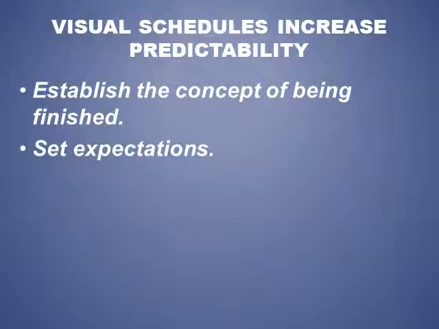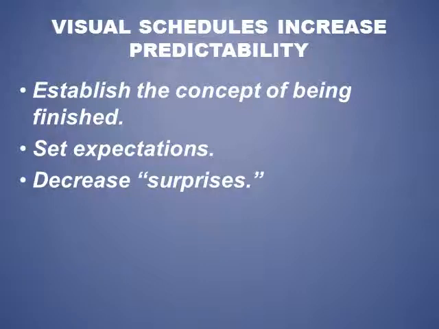Visual schedules increase predictability by helping to establish or set expectations. What are the expectations for someone's behavior in a worship service, or in a Sunday school classroom, or at a youth group activity? By communicating that information visually, you help that student understand what the expectations are going to be.